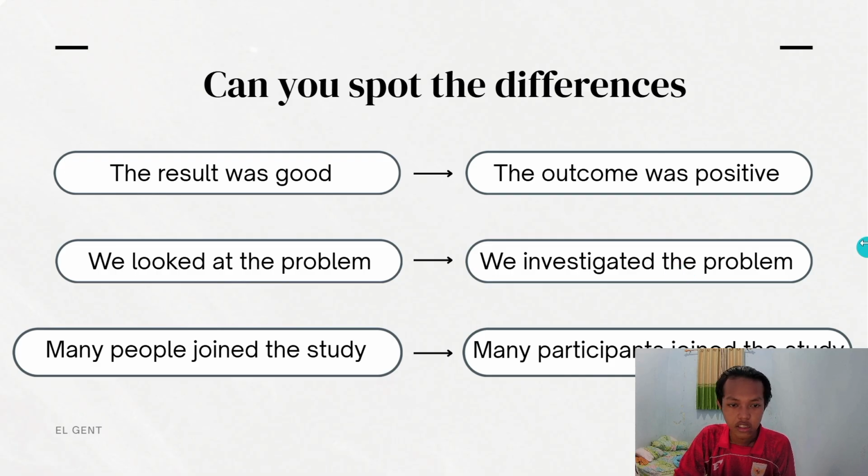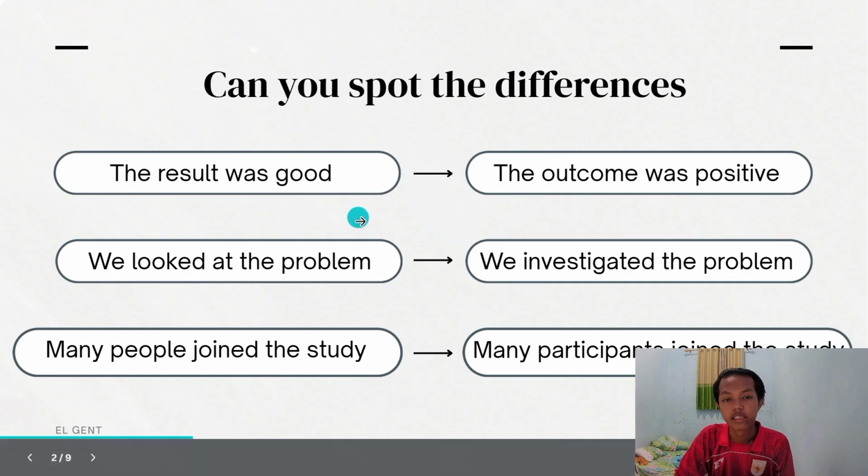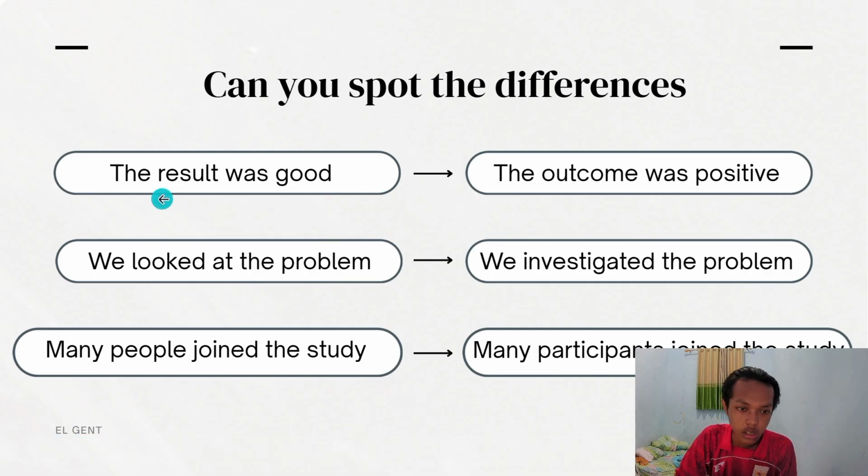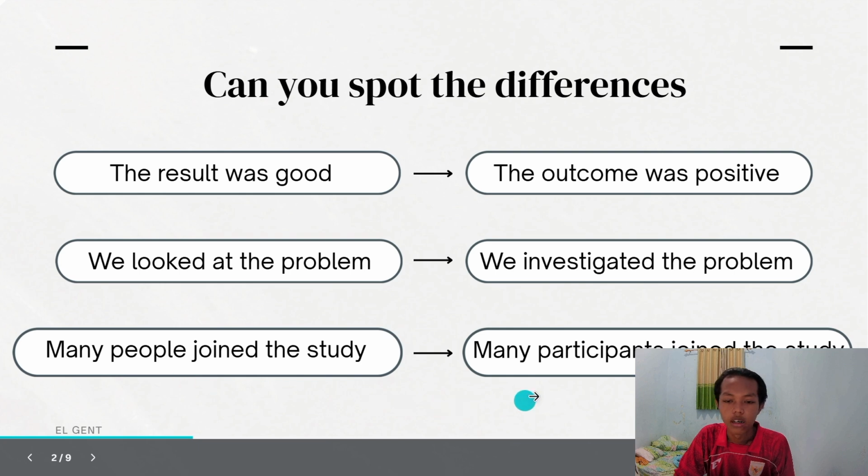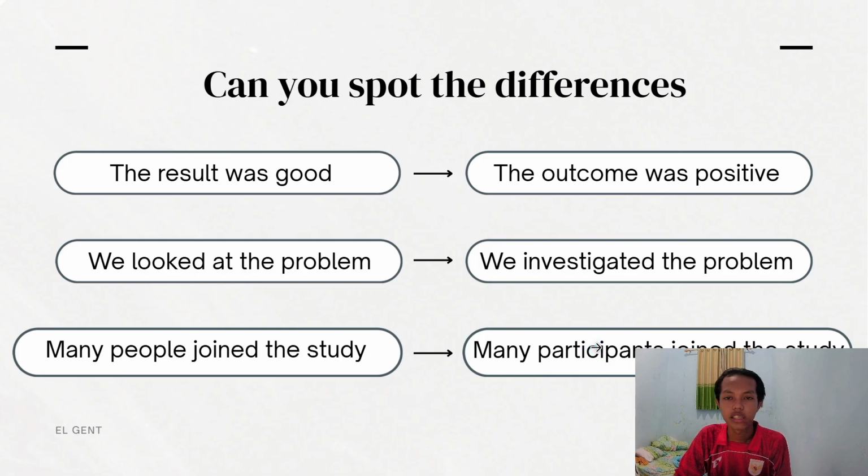These three examples actually have similar meanings, but the difference is that results becomes outcomes, look becomes investigated, people becomes participants. And why is it changed, even though it has similar meanings?